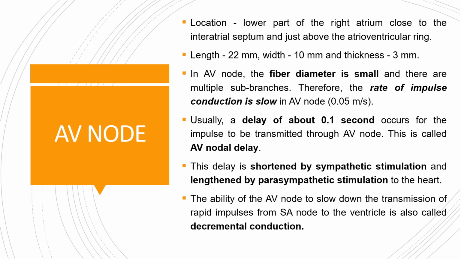But when there is parasympathetic stimulation, the delay becomes lengthened. Okay. The ability of the AV node to slow down the transmission of the rapid impulses from the SA node to the ventricles is also called decremental conduction. Okay.